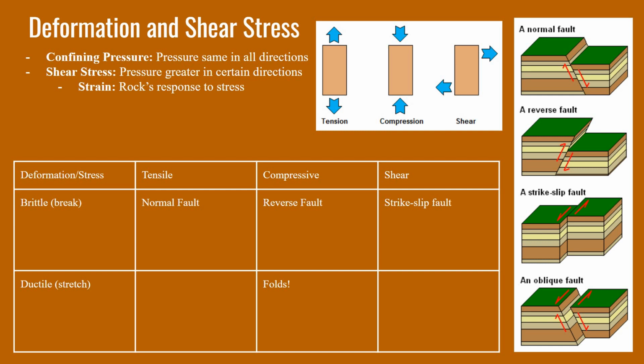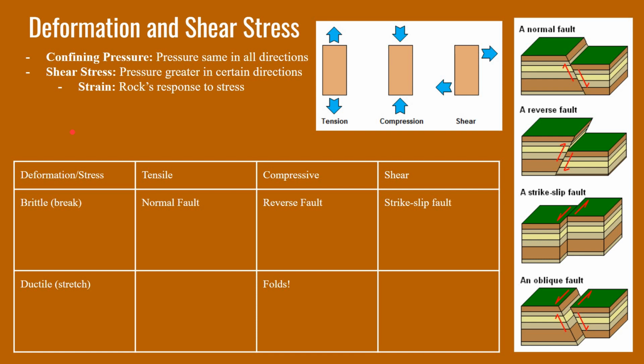And we can have situations like tension, where the rock is being pulled, compression, where the rock is being pushed or compacted, and then we can have shear, like you have here, where the rock is sort of being torn unequally. So those are forces that stress, and strain is a term that describes how a rock responds to stress.